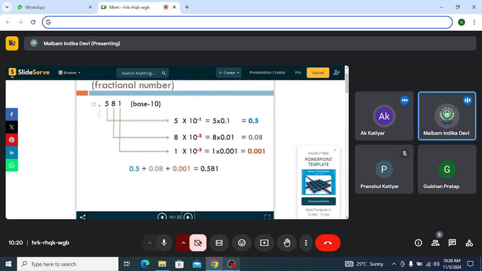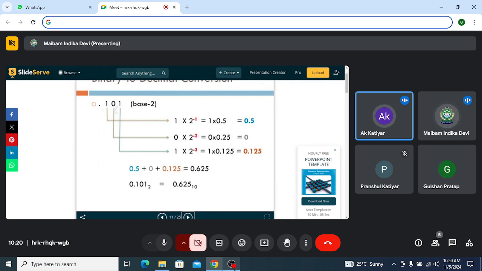Position 0 is always associated with the non-fractional part. Similar to base 2, the position will be -1, -2, -3. So 1 into 2 to the power -1, 0 into 2 to the power -2, 1 into 2 to the power -3. So 2 to the power -1 is what? 1 by 2. 2 to the power -2 means 1 divided by 2 to the power 2, that is 4. 1 by 4. 2 to the power -3 is 1 by 8.